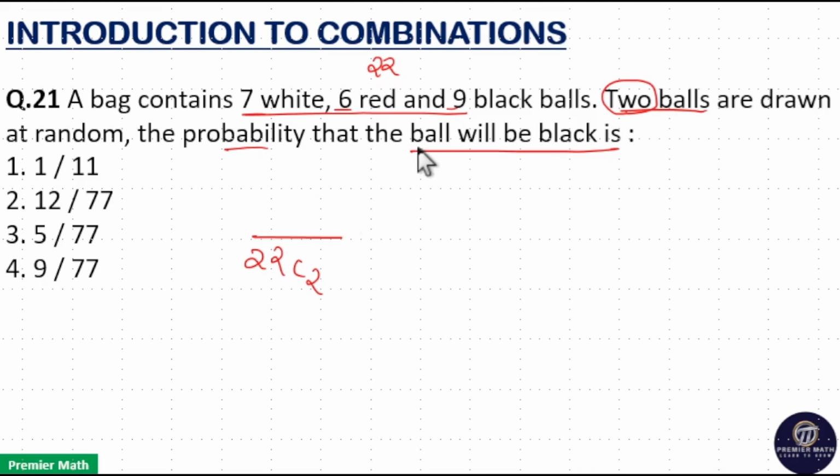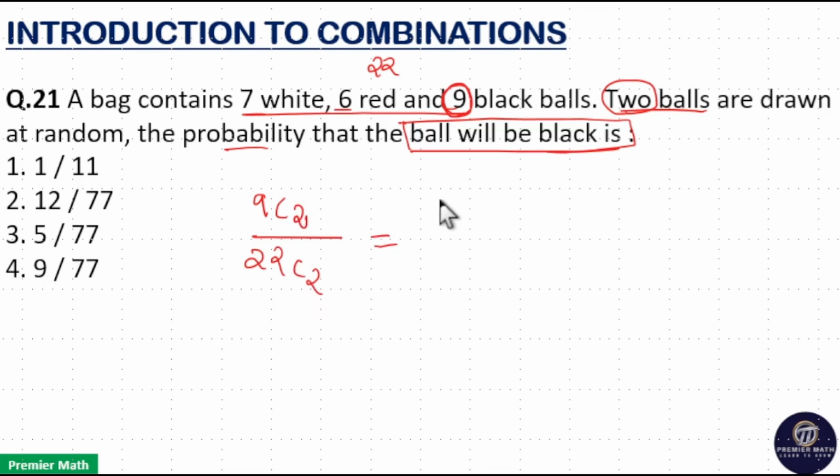Now, favorable outcome is the balls should be black. When you draw 2 balls, these 2 balls should be black. So to make it black, we should draw from the 9 black. So favorable outcome is, out of these 9 black balls, we should get 2 black balls. So 9C2 is the favorable outcome.